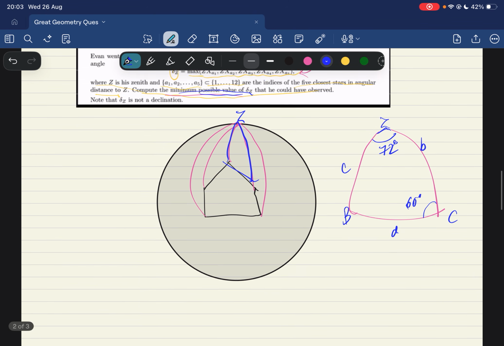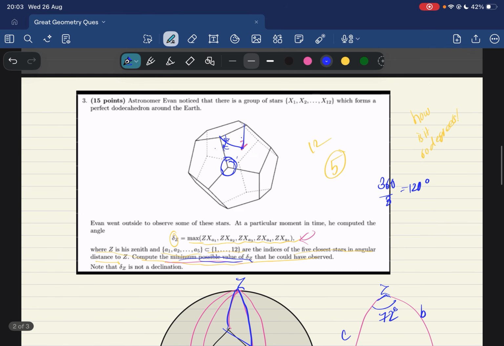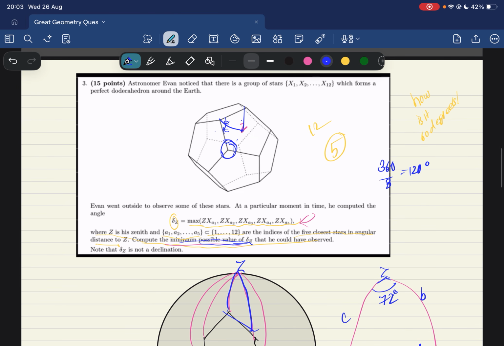Now, we know that ZB is going to be equal to ZC, right? So let us consider that as K. So now we're going to find the minimum possible angle of cos through the zenith, of course, because it is from zenith to x. So basically what we're doing is, here's a star x, right, and x star, and we're going to find this minimum possible angle, this or this, whatever.